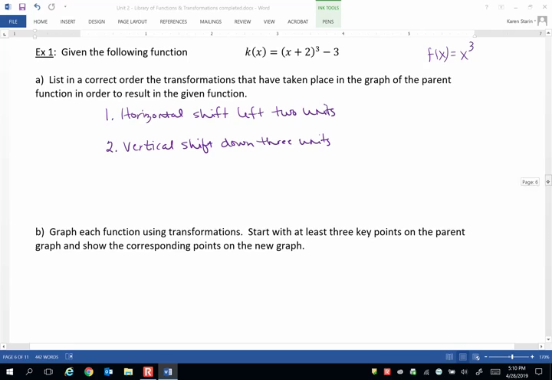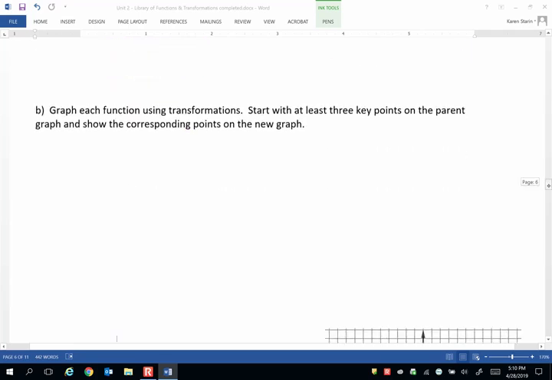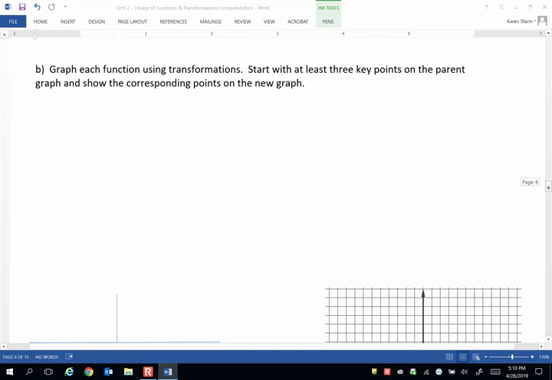Now I'm going to work through how to show what happens to each component of the coordinates one step at a time. So remember, we said the parent function is y equals x cubed. So what are we going to do?